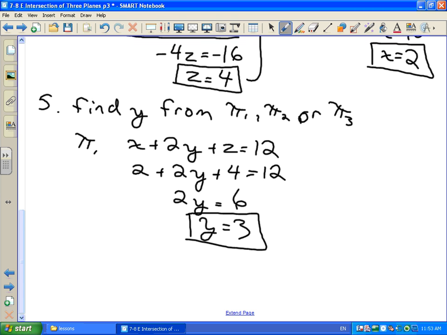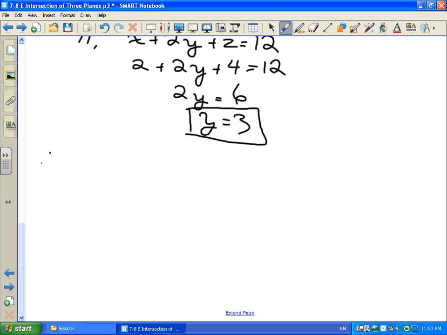So we can say, therefore, we can say the system is consistent.